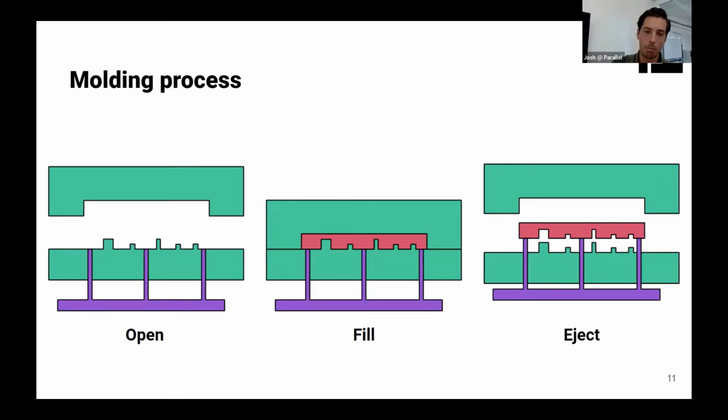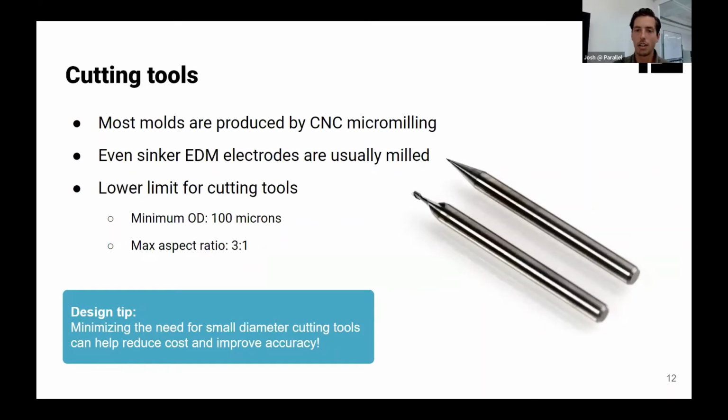And in molding-based processes, there are a couple really fundamental shared challenges, both in our process and in injection molding. And so one is that most molds are produced by CNC micromilling. That's not always true, but in a lot of instances, you're using a CNC machine to cut your master tool.